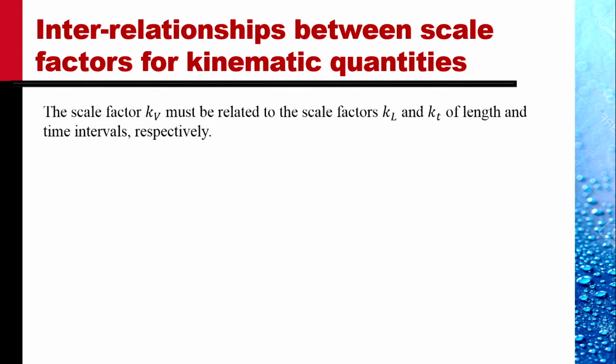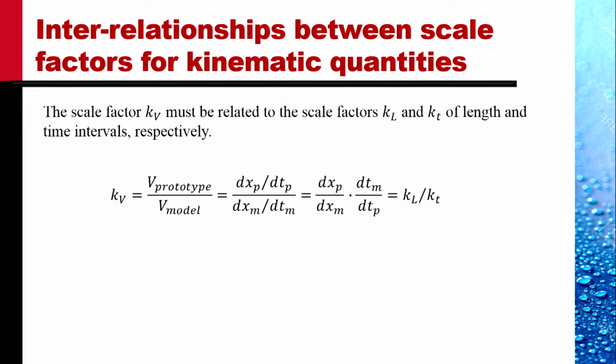For example, let's start with the scale factor for velocity, Kv. It must be related to scale factors KL and KT of length and time interval respectively. Kv, the scale factor of velocity, is equal to V prototype divided by V of model at the homologous point.